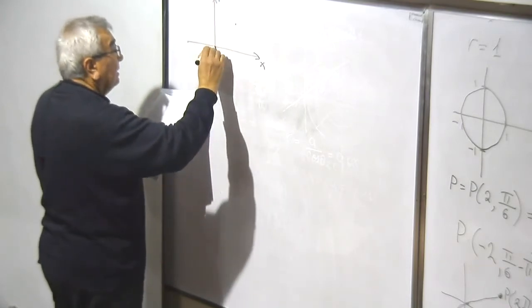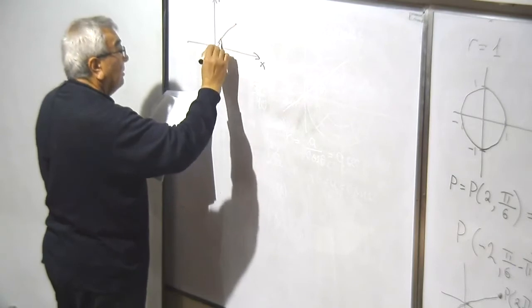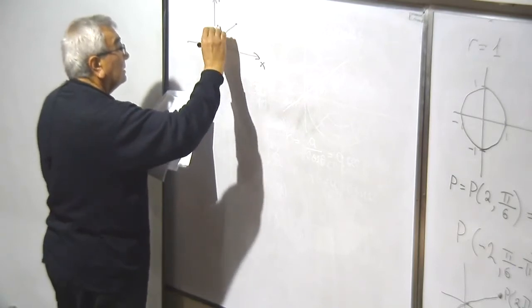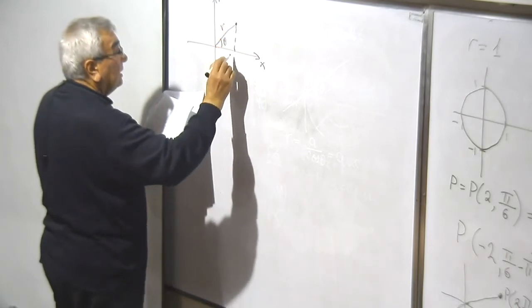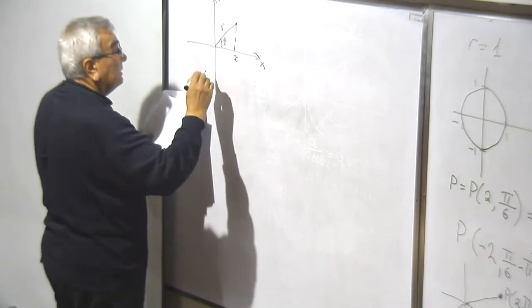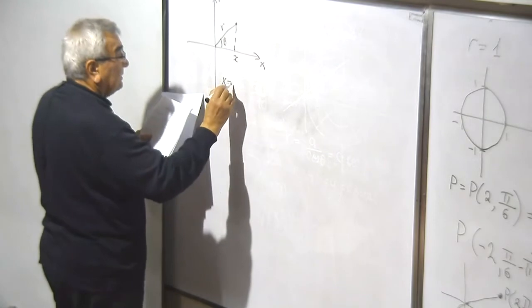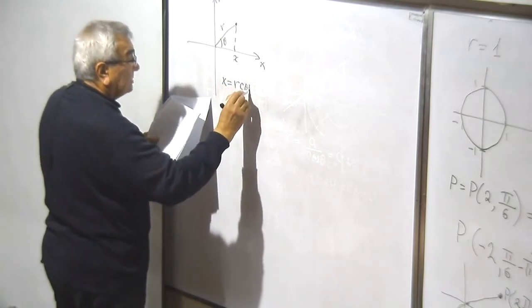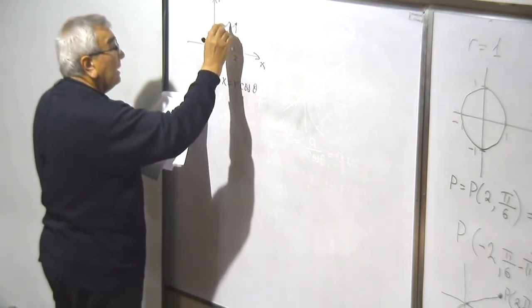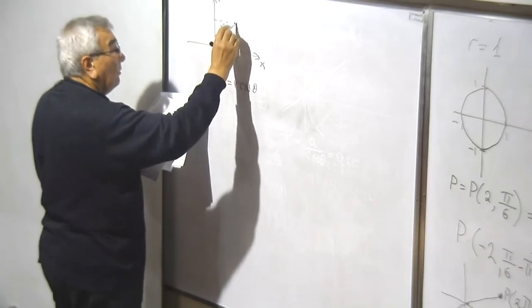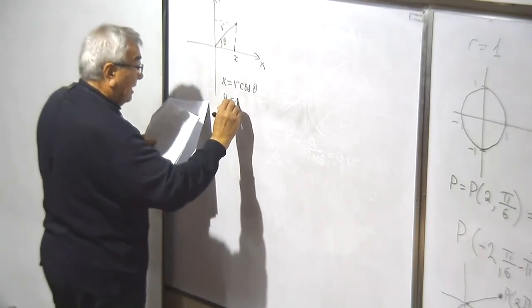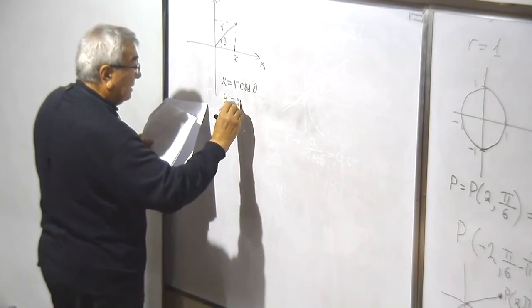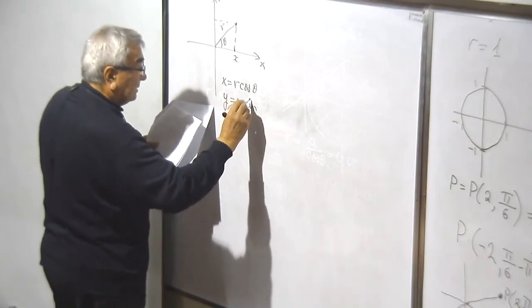Here this is the angle theta, radius r. You see here the x should be equal to r cos theta, and y equal to r sine theta.